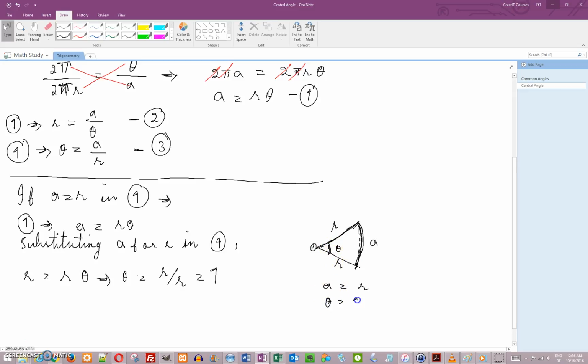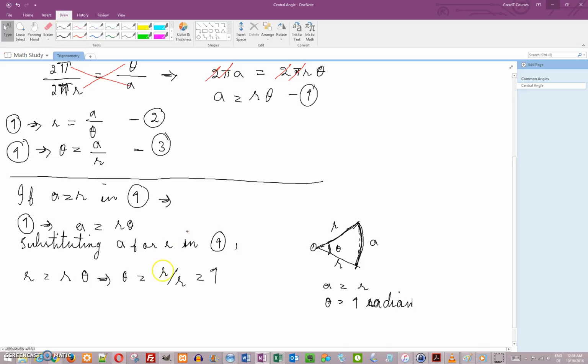So an angle of 1 radian is any angle at the center of a circle with radius r where the length of the arc subtended by the angle theta is also equal to r. That's what that means.